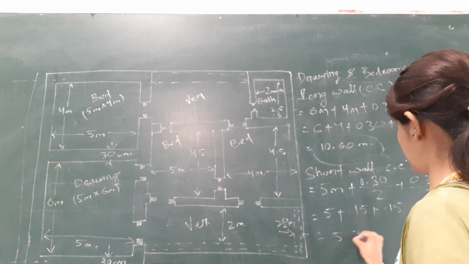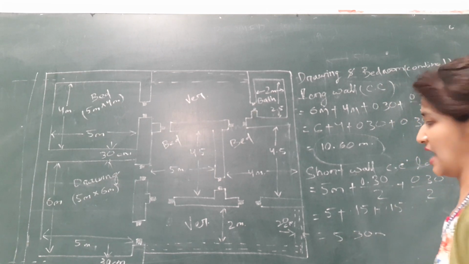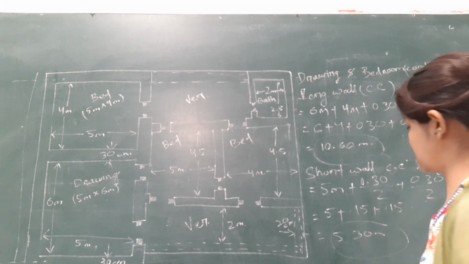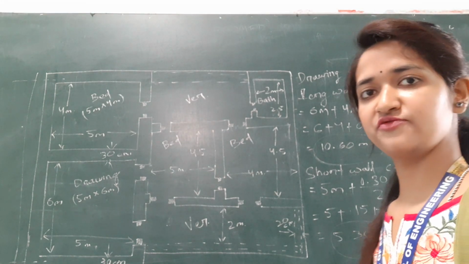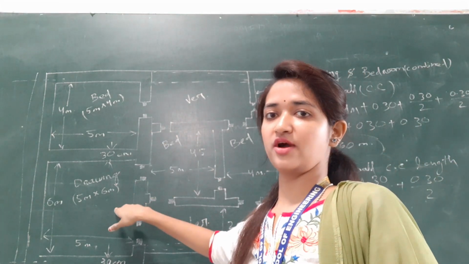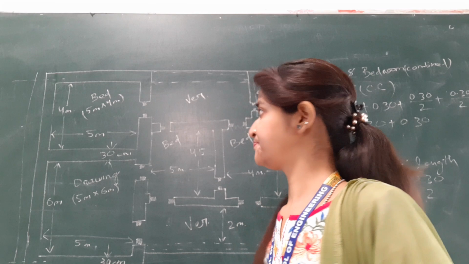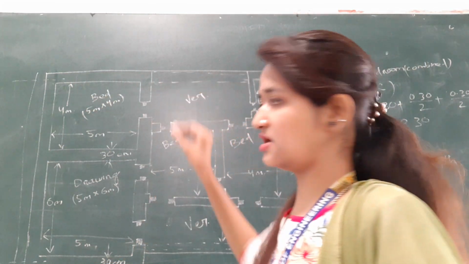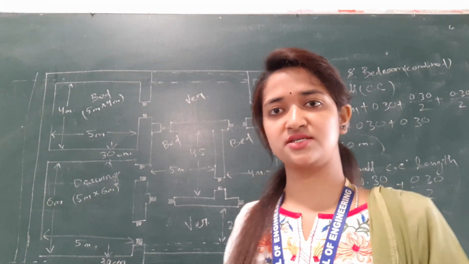So 5.30 meter is the answer. This is the center to center length of the short wall for the bedroom and drawing room combined. So this whole part, long wall and short wall, is done.